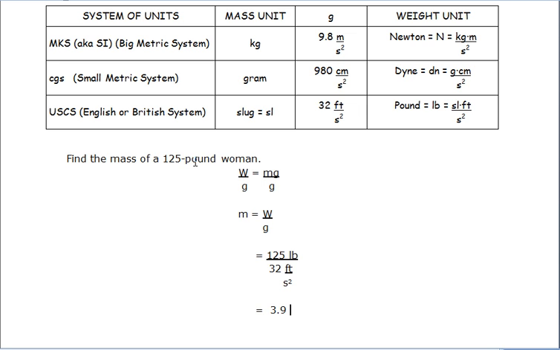And then in order to find out the unit, a good plan is to take the pound and break it down into the units that define the pound, a slug foot per second squared. So for this pound, I am going to substitute in a slug foot per second squared.